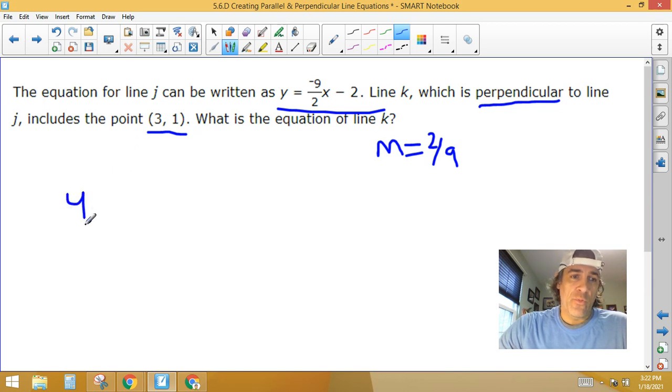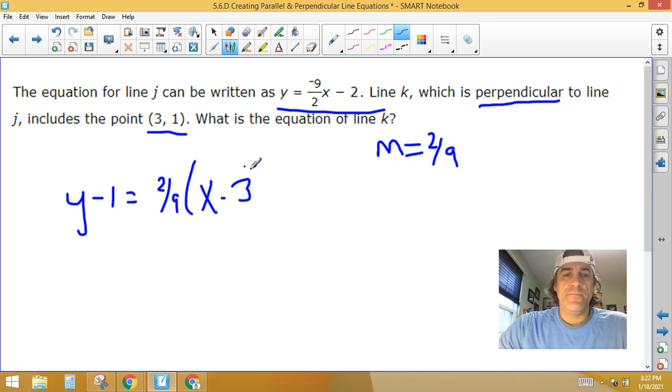So again, I want to do point-slope. y minus my y value, which is 1, equals my slope, 2/9, and then x minus 3. Distribute gives me 2/9 x. Distribute, that gives me minus 6/9, which I will eventually simplify to 2/3.